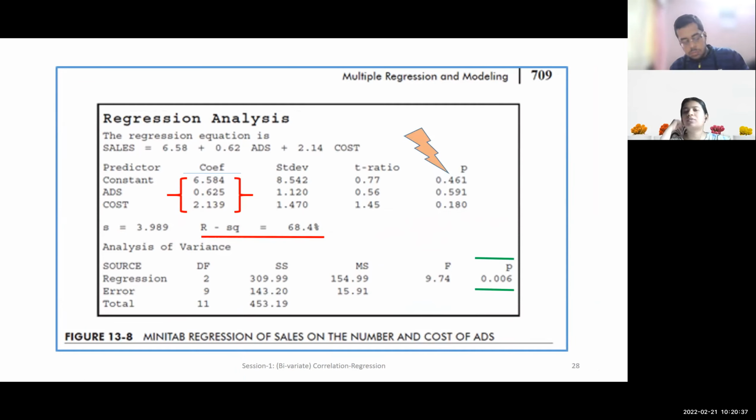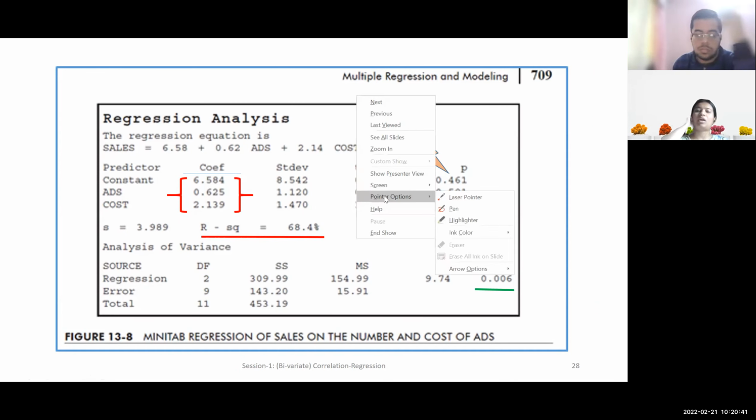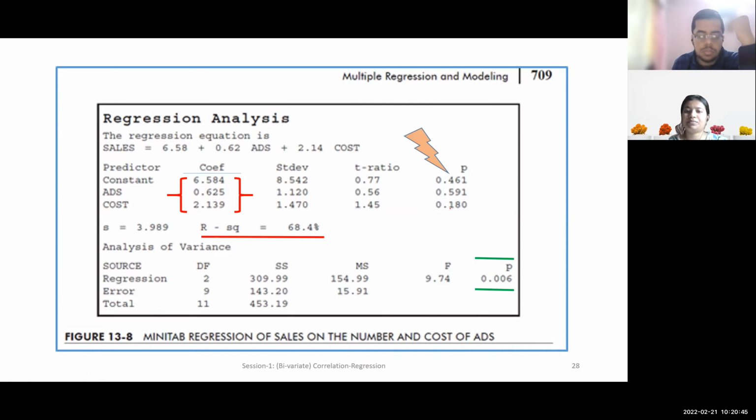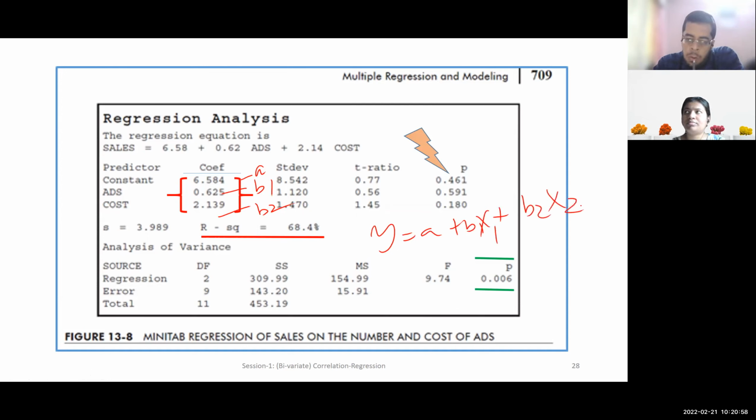Now, please see, these are nothing but A, B1, and B2. And don't forget your regression equation: Y = A + B1 X1 + B2 X2. This is the regression equation.